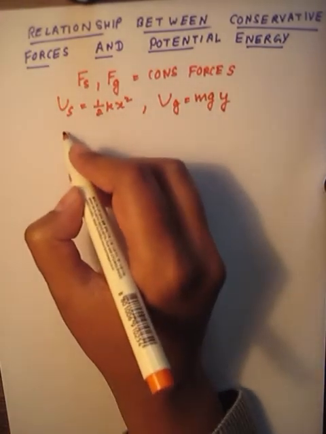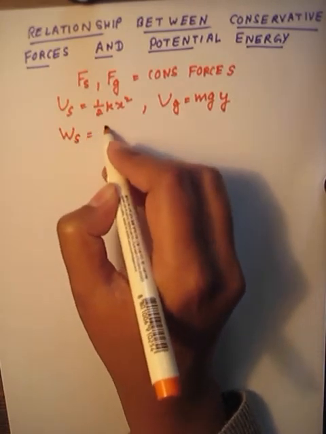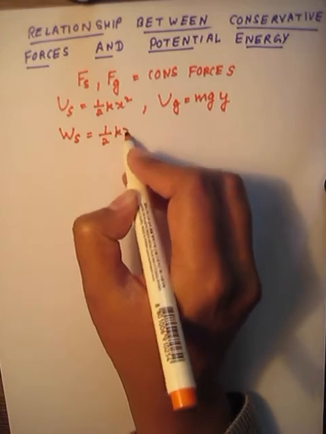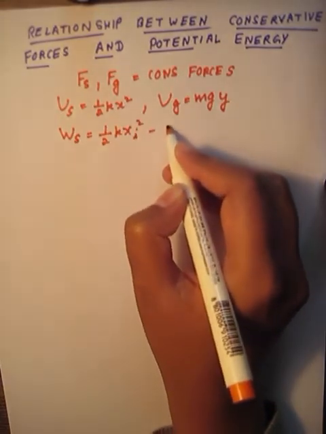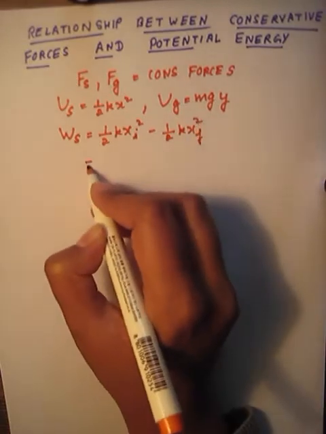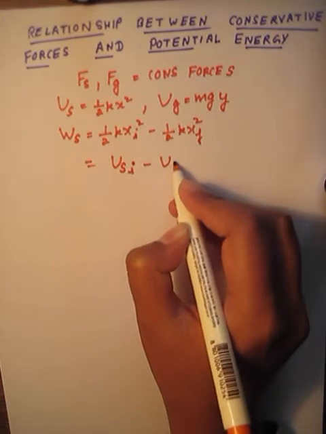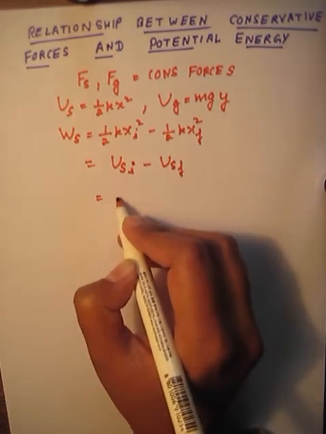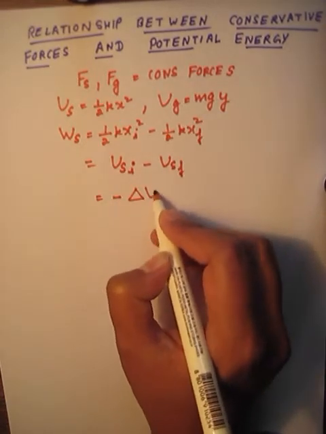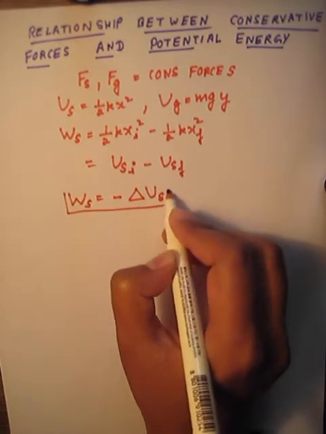And we also know that the work done by the spring force is given by half k x_i squared minus half k x_f squared. So it will be U spring i minus U spring f, which will be equal to minus delta U_s.